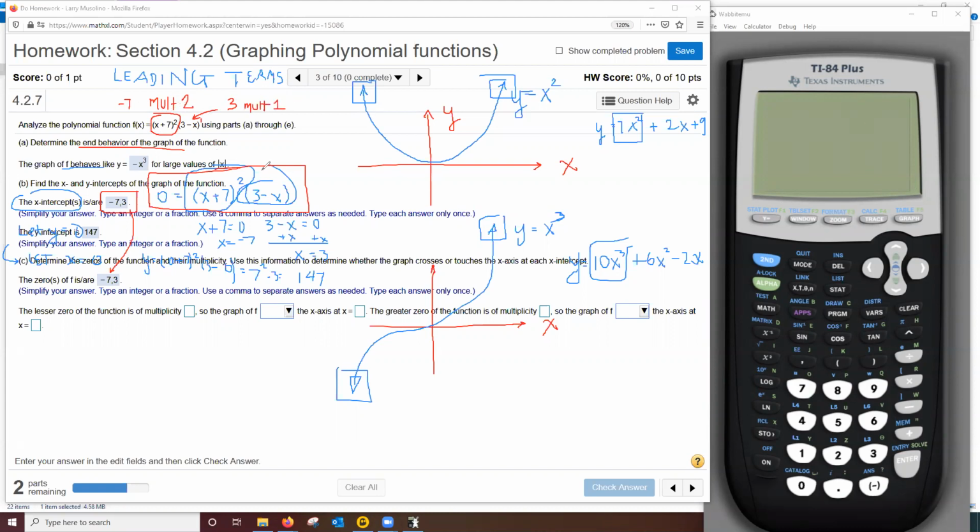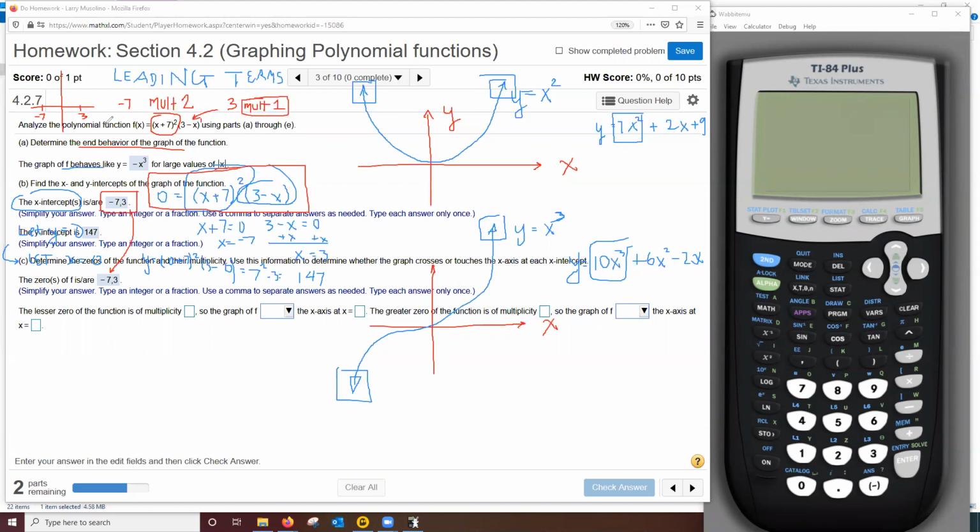Now, you also might remember that when we were talking about x-intercepts, let me draw a little graph here. And here is the x-intercept of -7. And here is the x-intercept of 3. If the multiplicity is an odd number, like a multiplicity of 1, that tells you the graph just crosses through the x-axis.